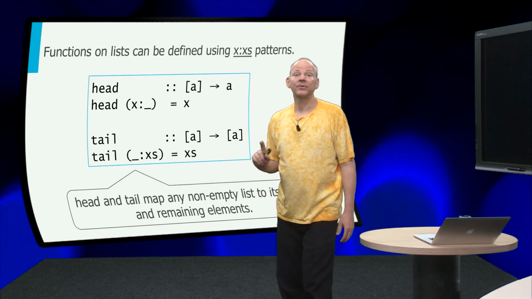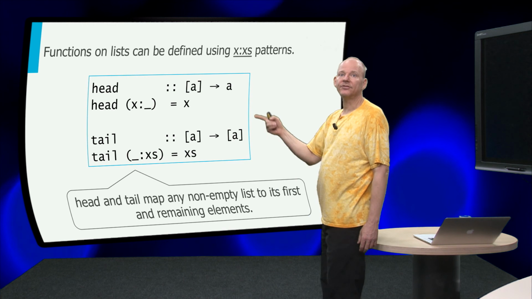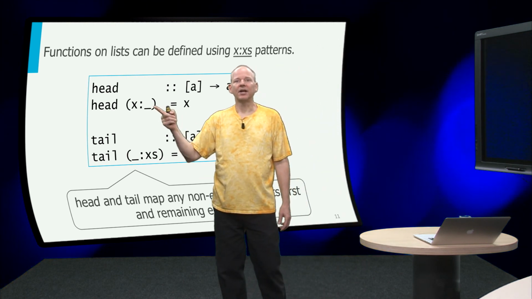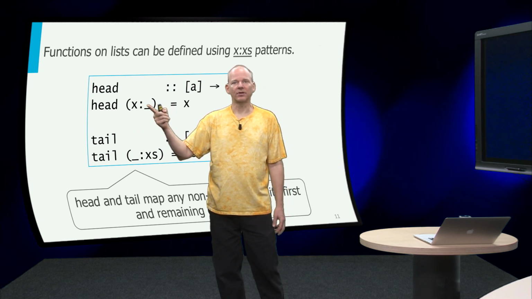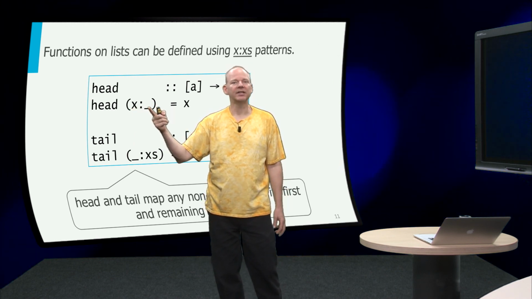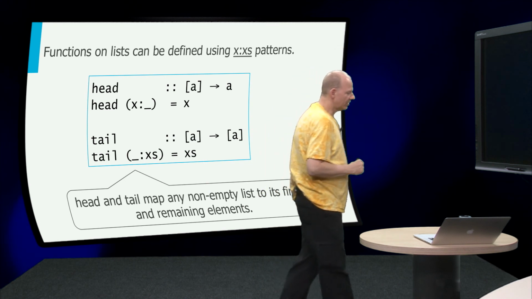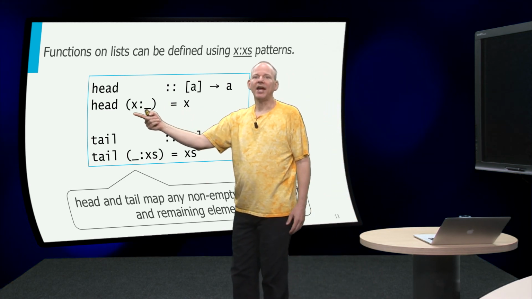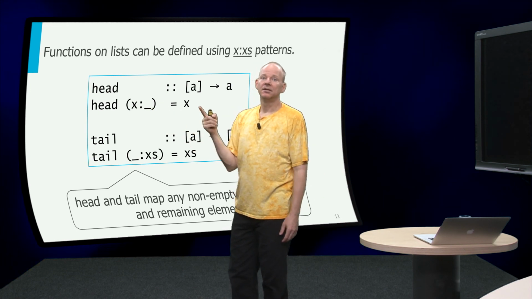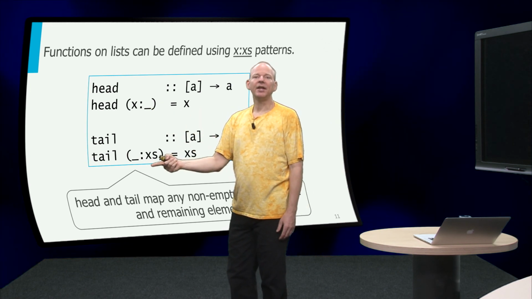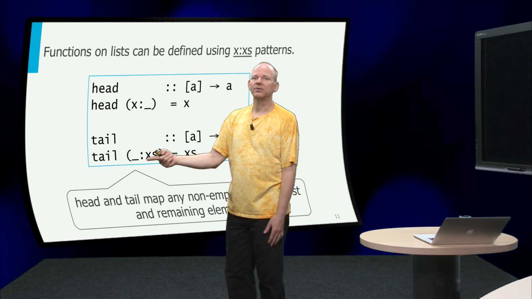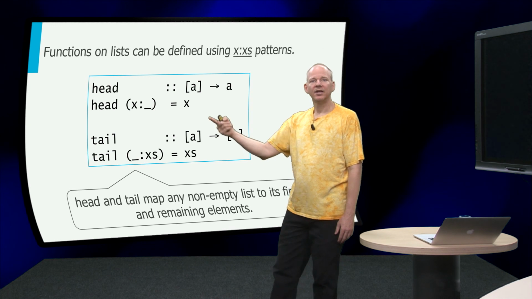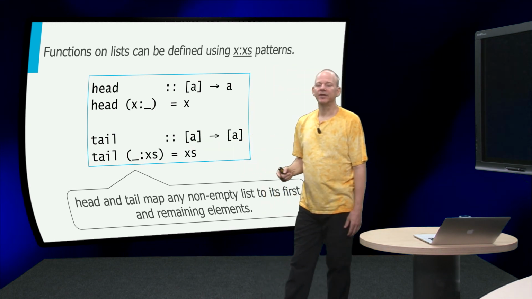So for example, when we want to define the head of a list, we define it using pattern matching as follows, and we write the list in head cons tail form. So the head of a list with head X and tail I don't care is X, and the tail of a list with a head that I don't care about and tail XS is XS. Right? So again, very concise definitions.